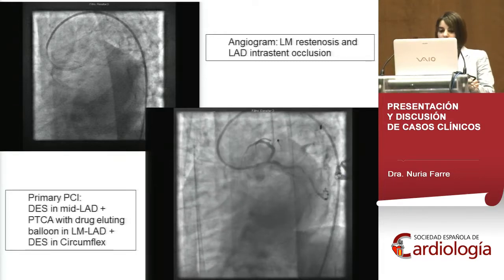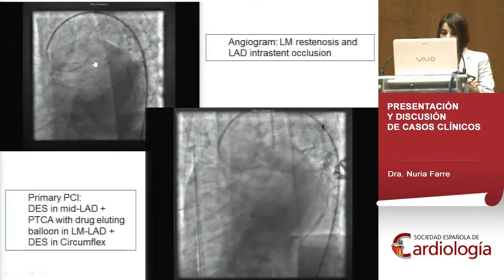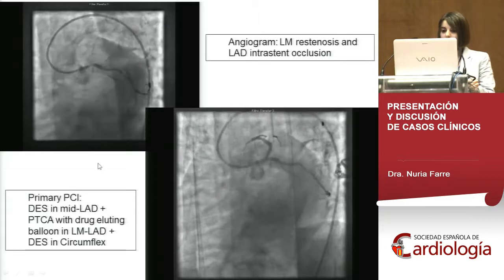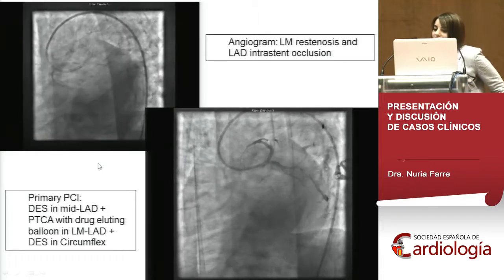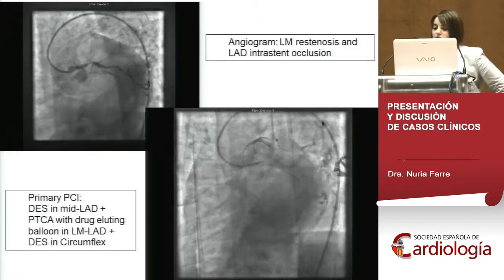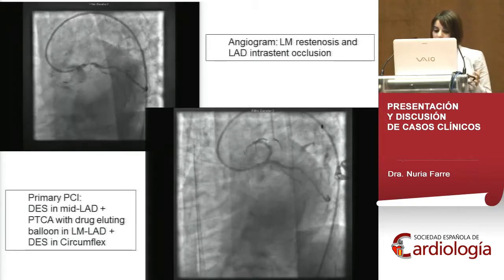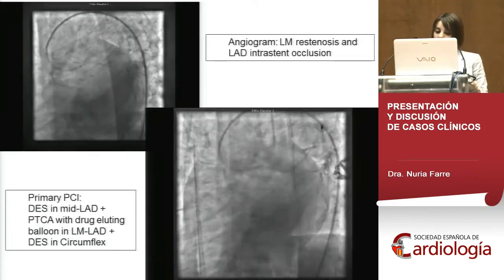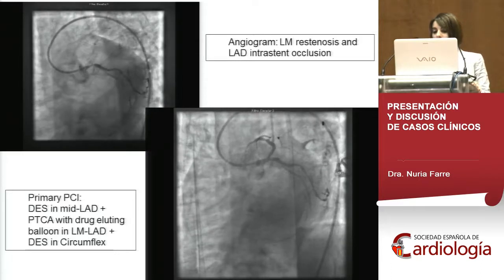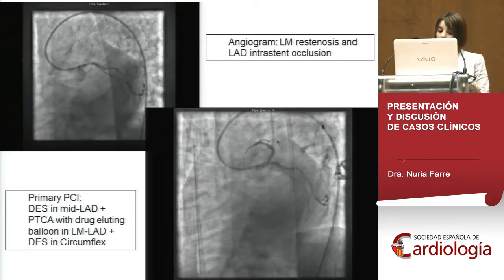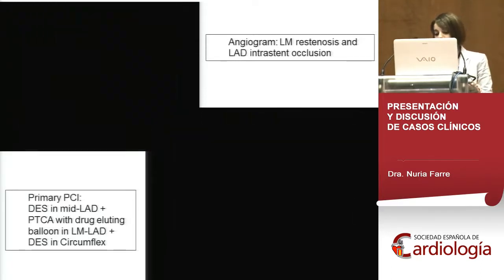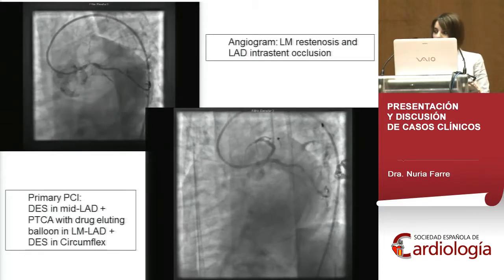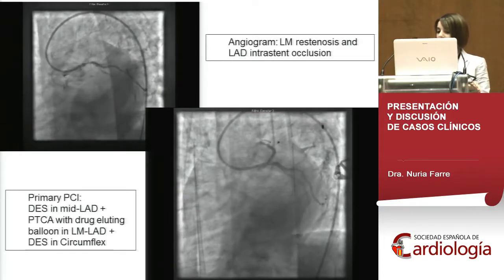And as you can see here, she had a left main restenosis and LAD intrastent occlusion, so we did a primary PCI with a drug-eluting stent in the mid-LAD and angioplasty with a drug-eluting balloon in left main LAD, and then another drug-eluting stent in the circumflex.